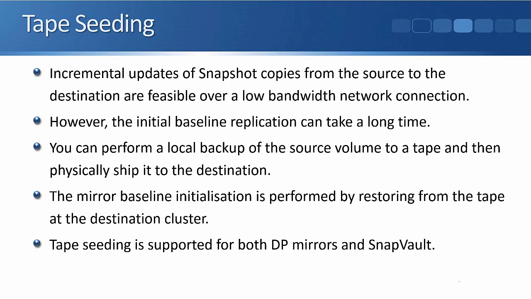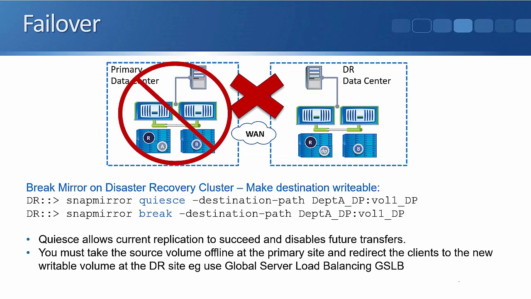So alternatively, we can perform a local backup of the source volume to tape and then physically ship that tape over to the destination site. The mirror baseline initialization is then performed by restoring from the tape at the destination cluster. So this saves us having to do it over the network. Tape seeding is supported for both DP mirrors and for SnapVault as well.